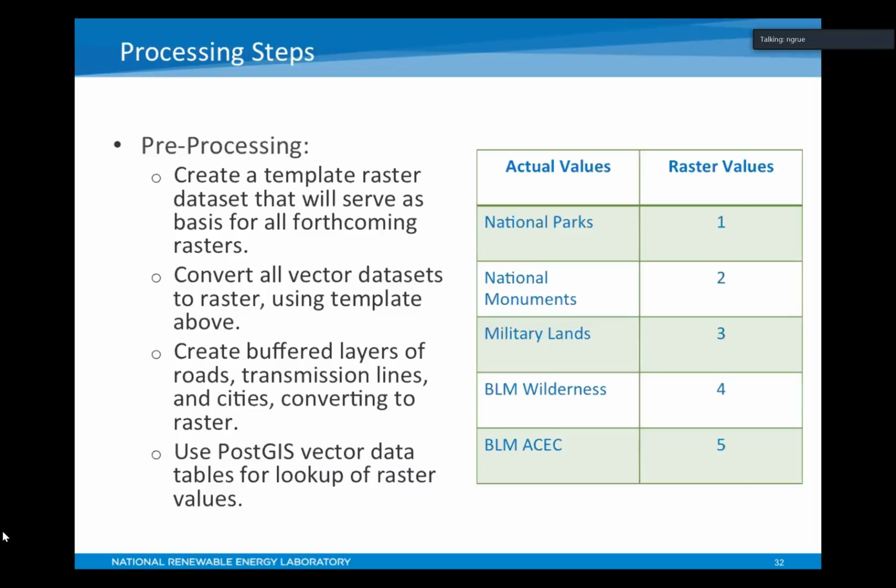One study may want to exclude national parks, but another might not. And so we needed to be able to keep track of which values were for which categorical data. That's what PostGIS vector ended up doing for us. We kept the vector data sets in PostGIS and used them as raster value lookup tables.